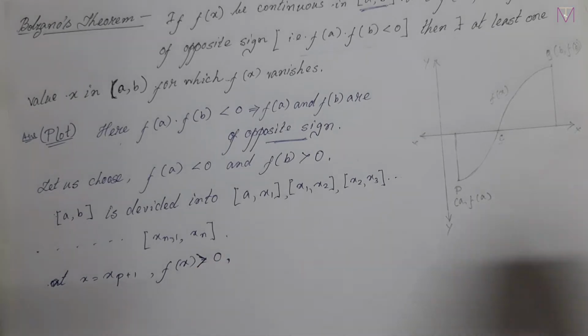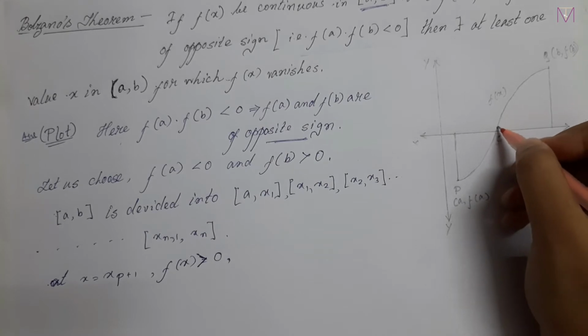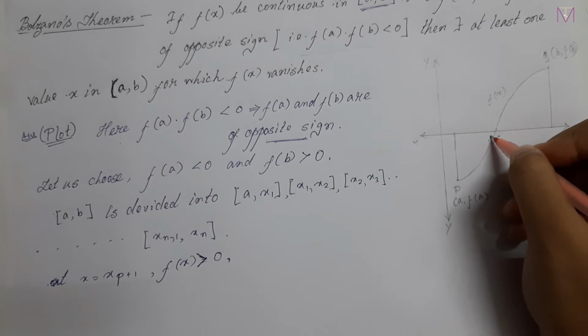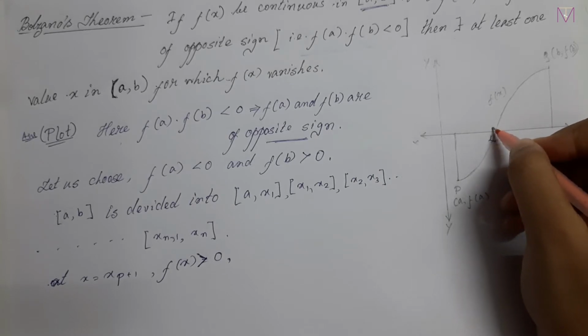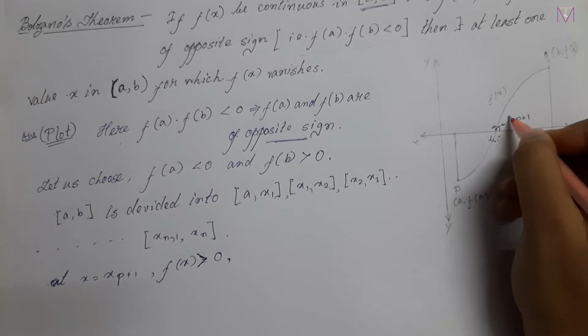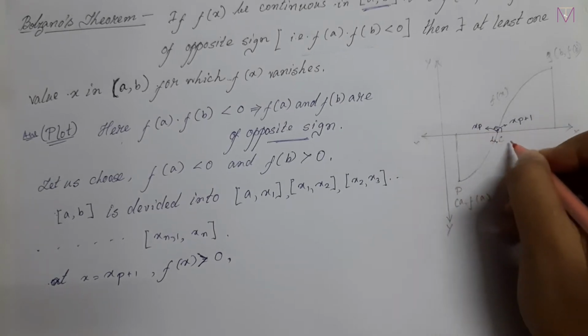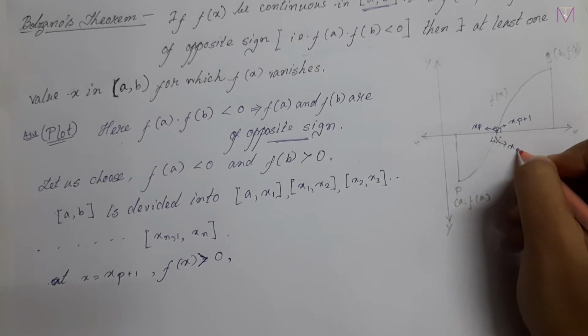Now if f(x) is greater than 0, look here, we have taken this interval x(p) to x(p+1). If this point is x(p+1) and here f(x(p+1)) greater than 0, then obviously x(p) will be this one or this one.